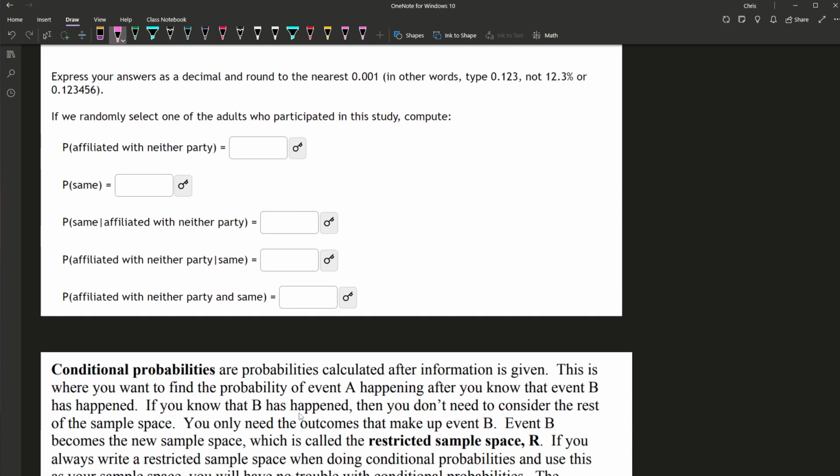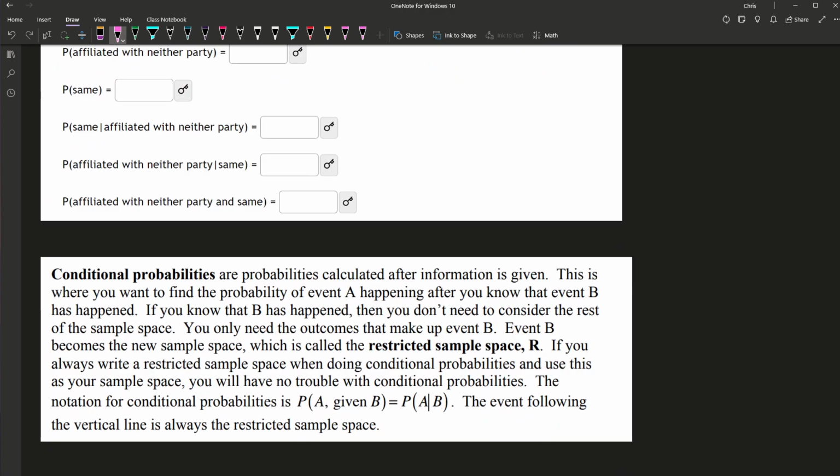So these are conditional probabilities. You'll see in 4.3. Conditional probabilities are probabilities that are calculated after information is given. This is where we want to find the probability of event A given that event B has happened.